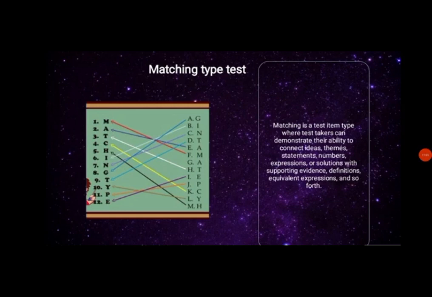So, ang matching type test is similar to the multiple choice test. In this kind of test, the examinee associates an item in one column with a choice in the second column. Ito yung picture na example.